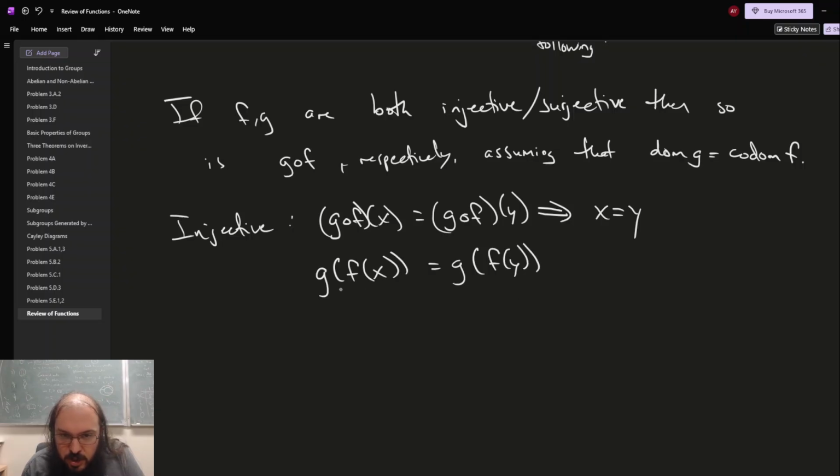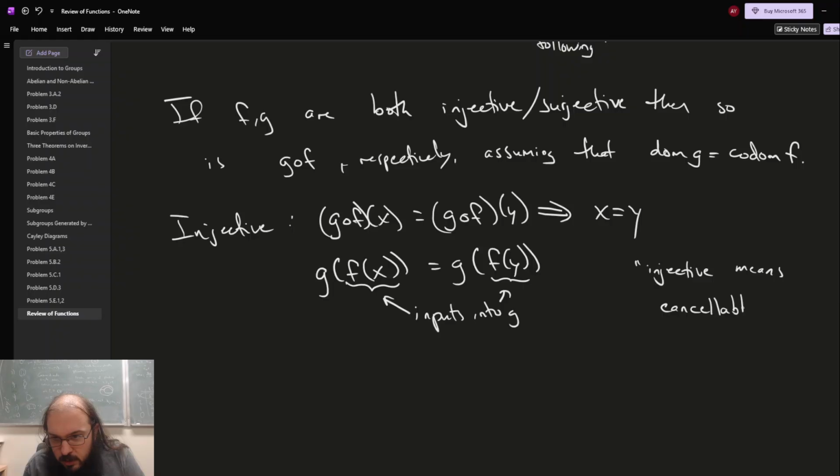Now, since g is injective, whenever g has the same outputs, then the inputs are equal. And these f's are the inputs into g. So because g is injective, we can cancel g. That's basically what injective means. Maybe we should write that down as a little bit of a slogan to help us remember.